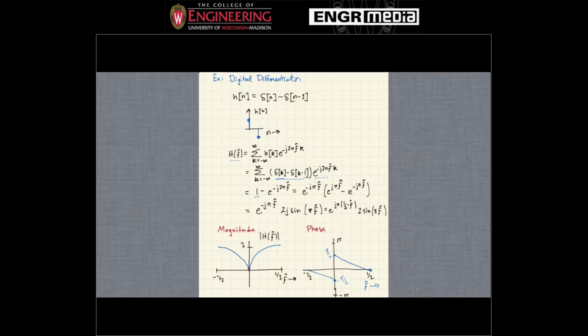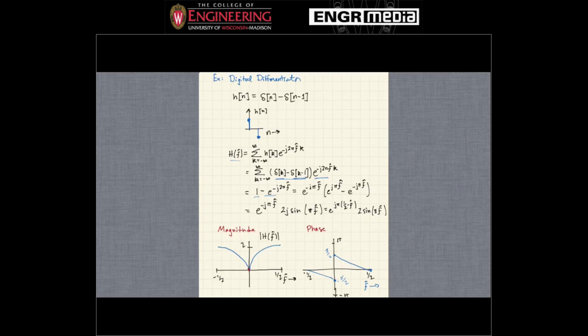And then the second term is when k equals plus 1. So this delta is non-zero, and we're left with a minus 1, but now times a complex exponential. So the total frequency response is 1 minus e to the minus j 2 pi f hat.